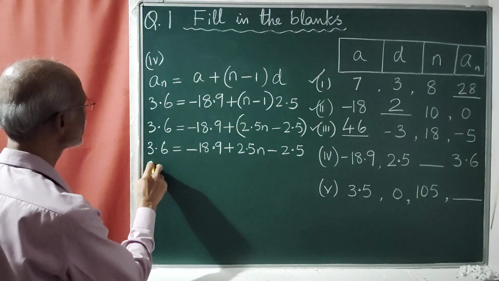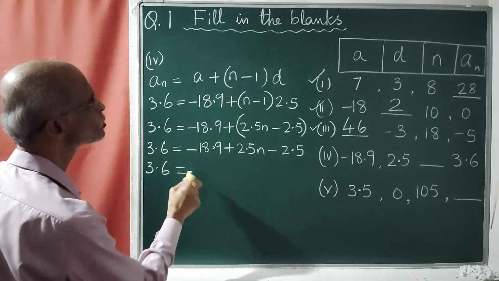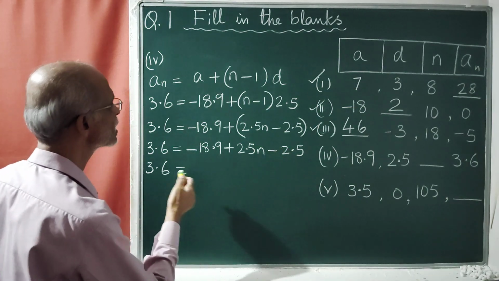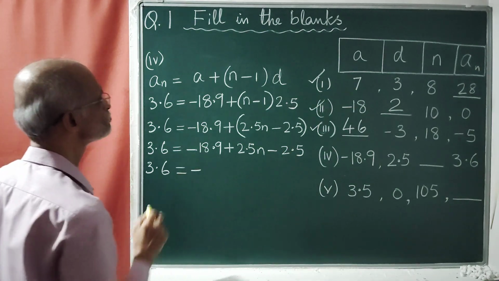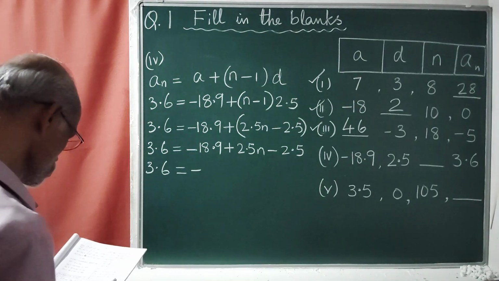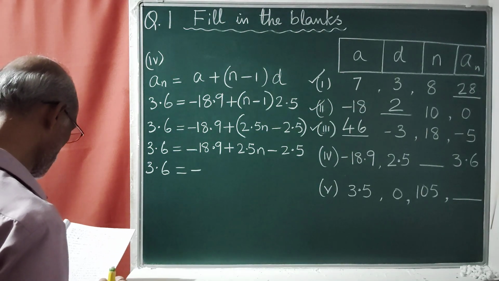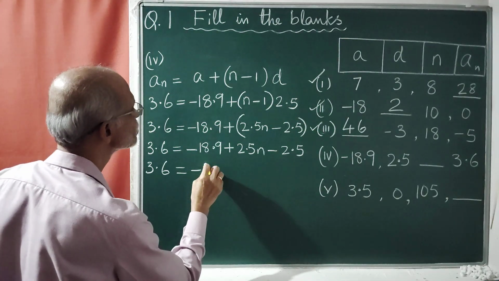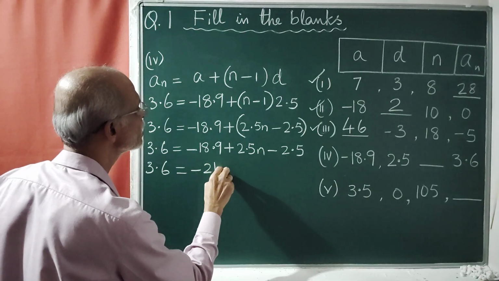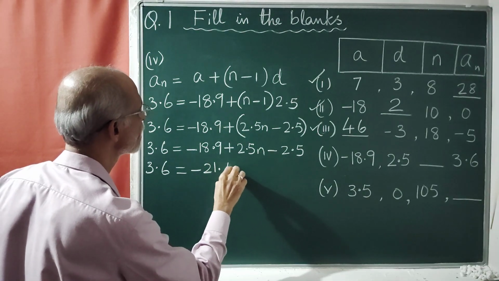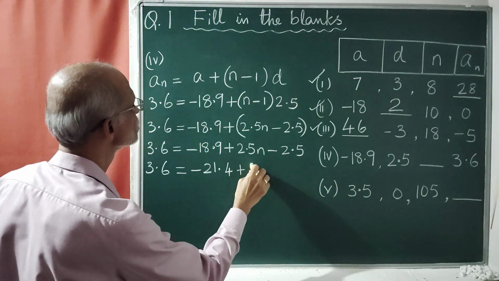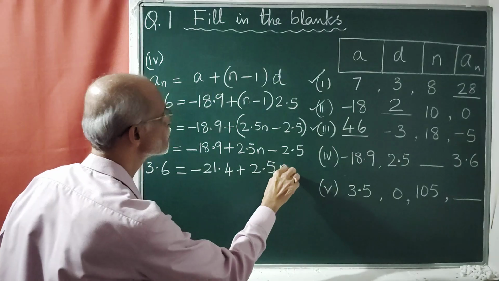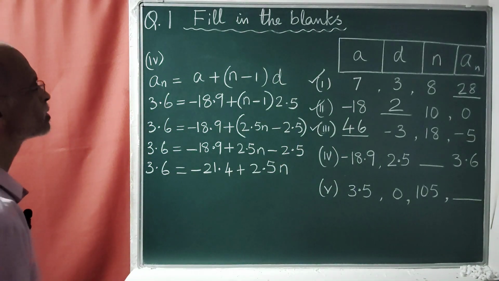So now 3.6 is equal to, now if we solve these two numbers, we have to add and put minus. So we'll get minus 21.4 plus 2.5N.